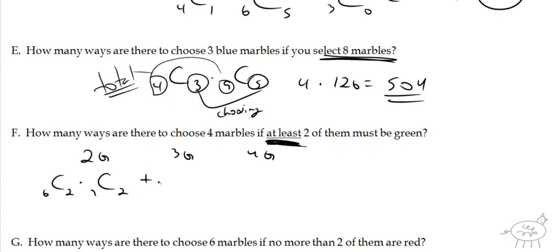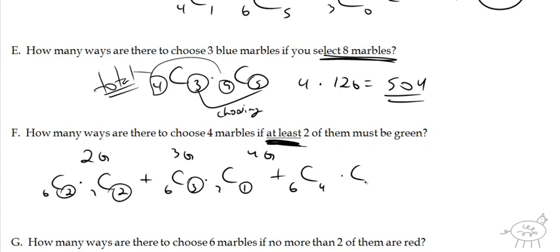Or 3 green, which is 6C3, and 7C1. Right? Notice it's 4 marbles. And I get all 4, so 6C4, and there's no other marbles from the other one. So again, these add up to 4, these add up to our 13 total that we're picking from. So if I multiply all this stuff together and then add it, I get 470.